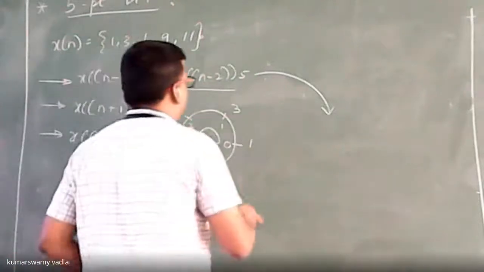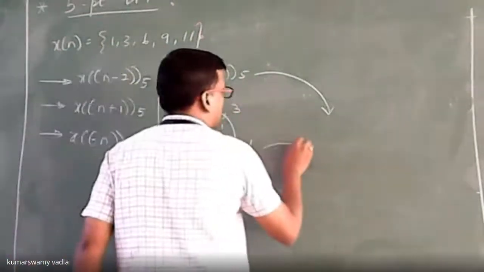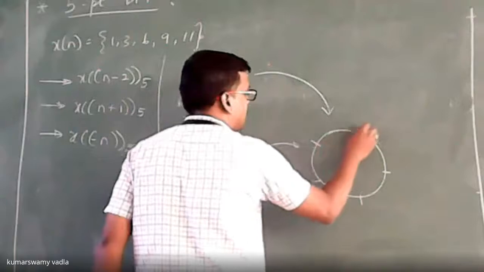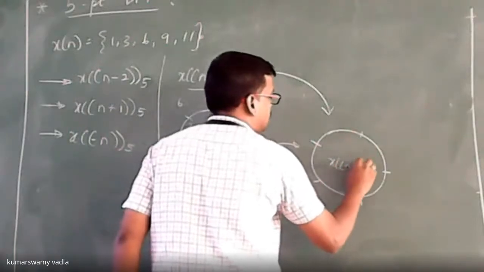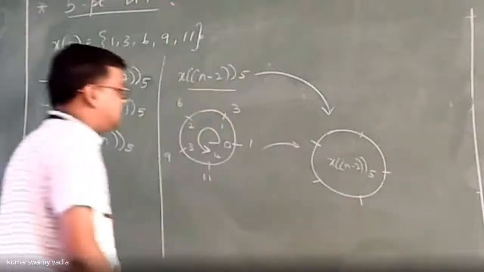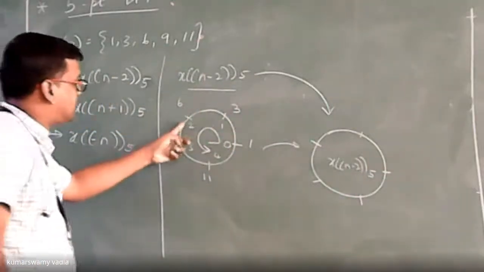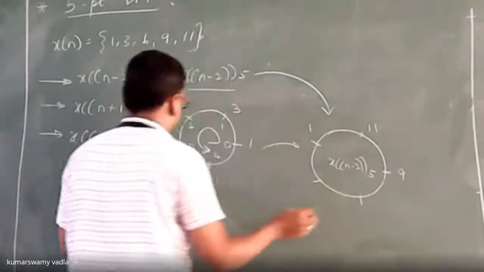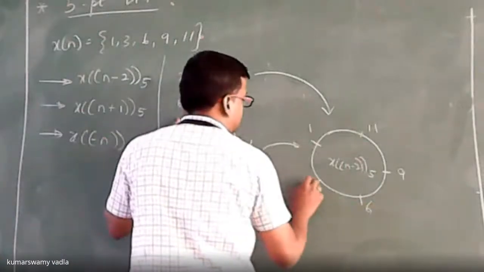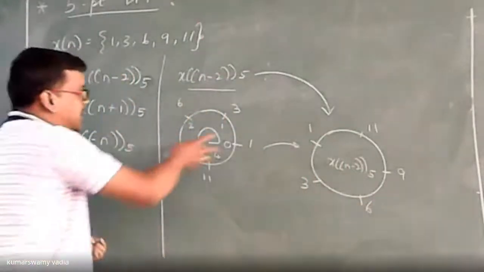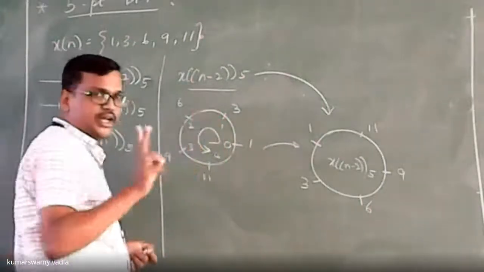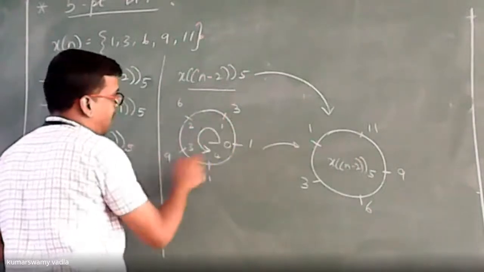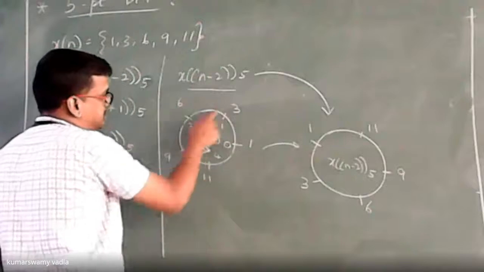So x of n minus 2 of 5 is leading us. I rotated this anti-clockwise by 2 positions. This 1 came here, 11 came here, 9 came here, 6 came here, 3 came here.